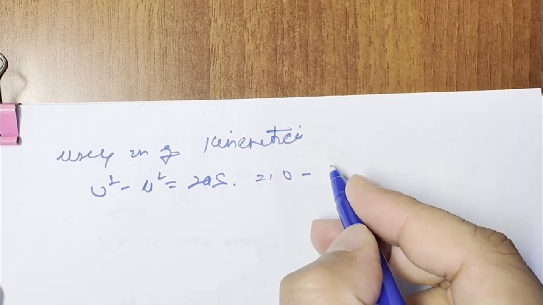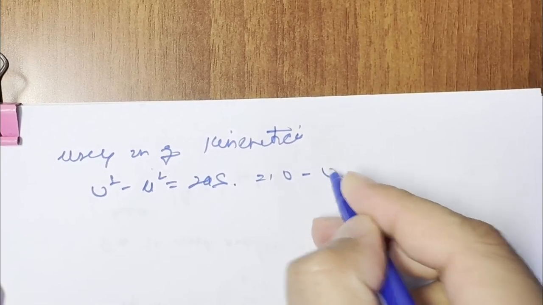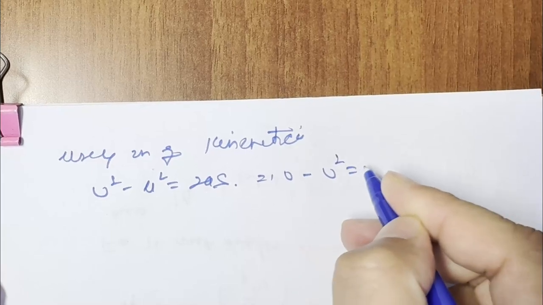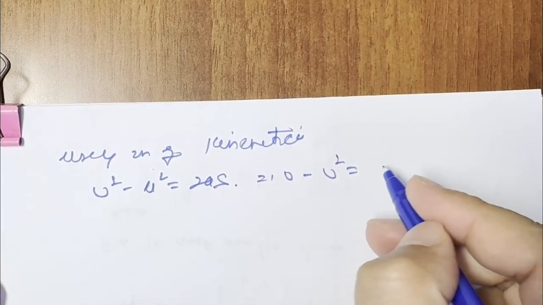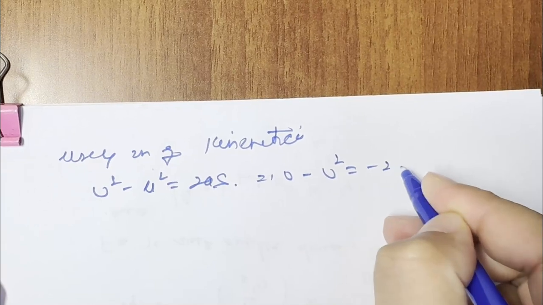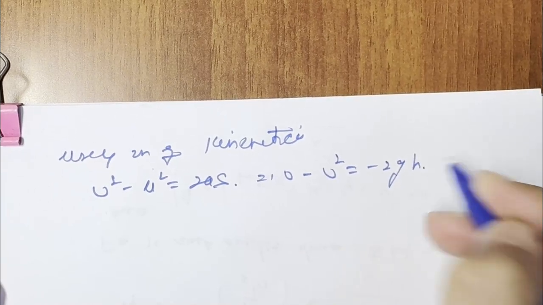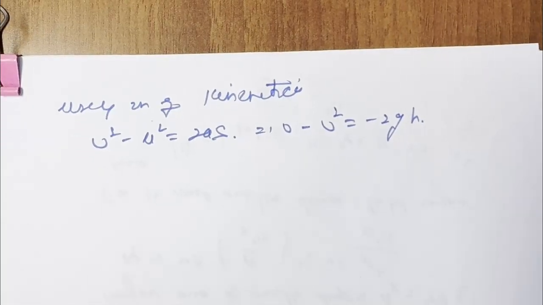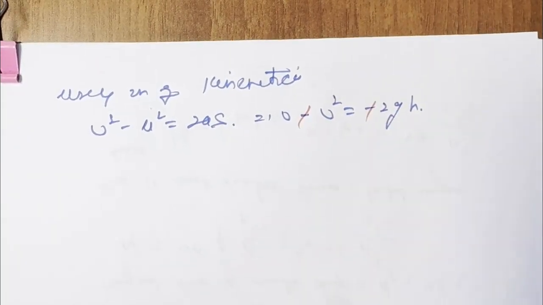So this becomes v square, and a is equal to minus g, so minus 2g, and the distance traveled is h. Minus and minus goes away.